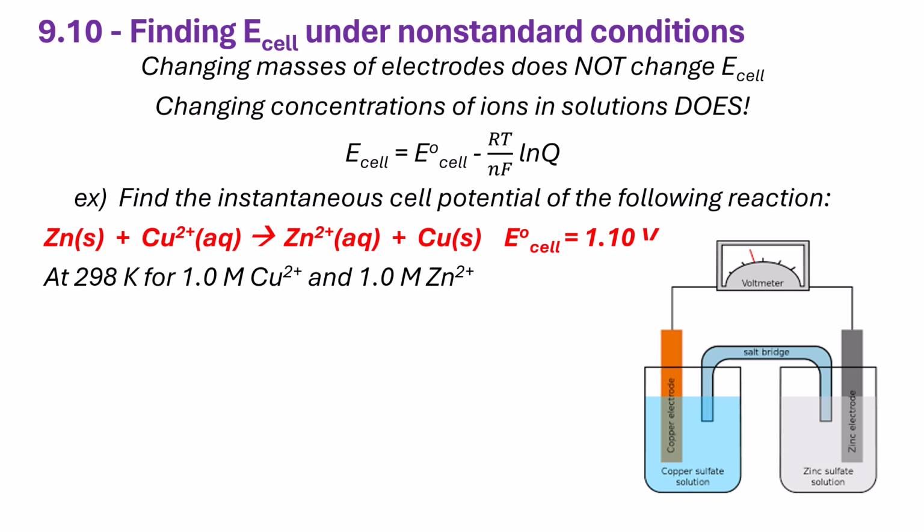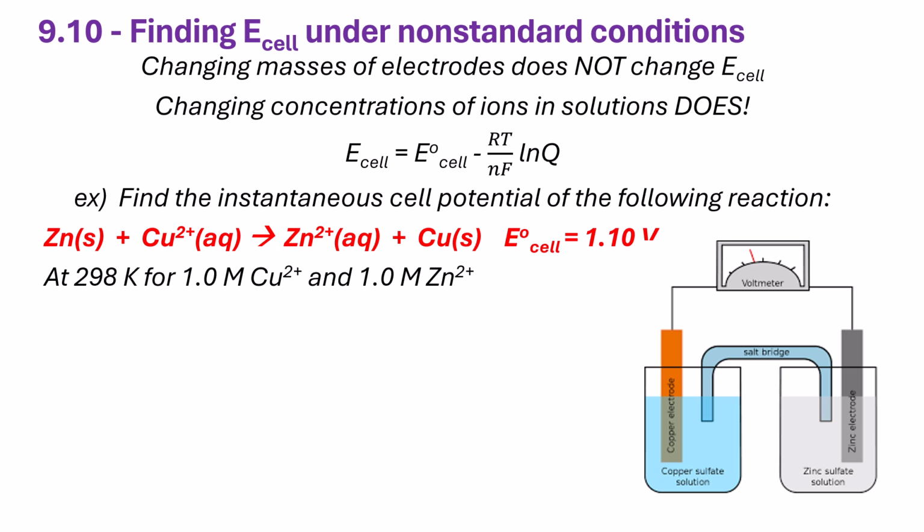Well, if we're at 1 molar for products and reactants, right? So for Zn2 plus, which would go on top, and Cu2 plus, which would go on bottom, well, 1 to the first power in this case, because coefficients are 1, or 1 to any power, even if we did have coefficients in this equation, would just be 1. And so Q is equal to 1.